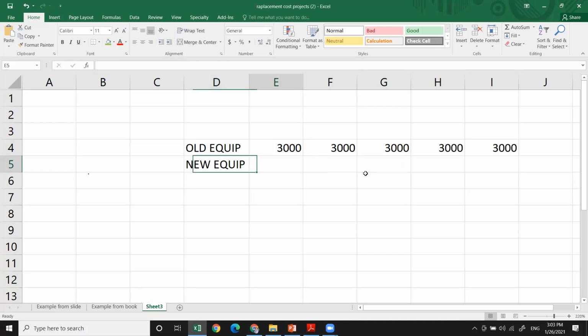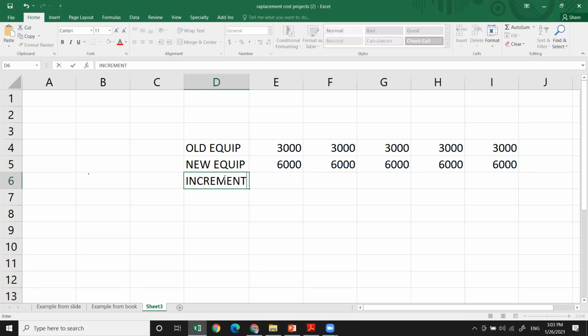But replacing this old equipment with the new, it will help you to improve, let's say, by 6,000. Okay, and the difference will be the incremental value. Incremental value, the difference. So which is 6,000 minus 3,000.